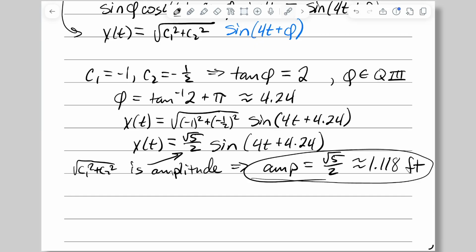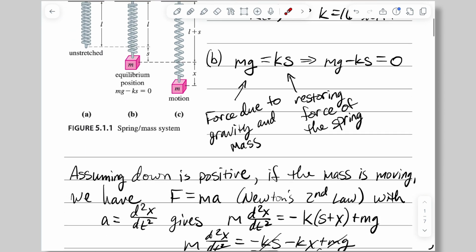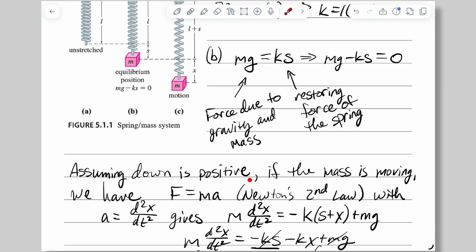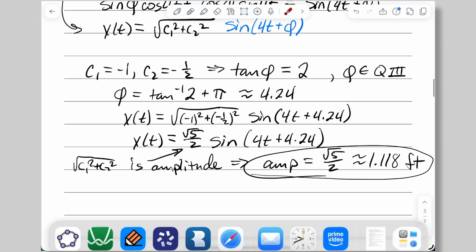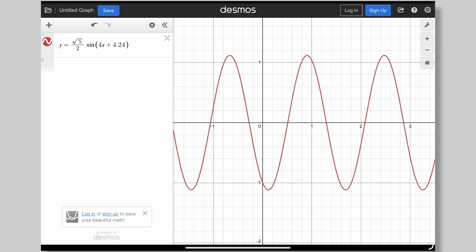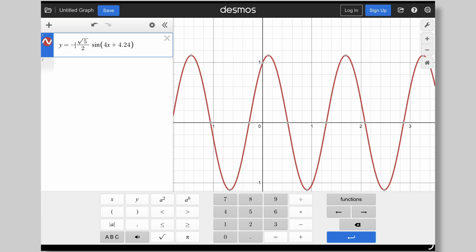If we wanted to see a visual of this, there is something we need to remember. When we set all this up, we said down is positive. If we type this into something like Desmos, which I've actually done here, we're going to see that this is not right for the situation. You can see that it crosses the y-axis down there at -1. But we were told it was released above equilibrium. So we have to actually multiply it by a negative.